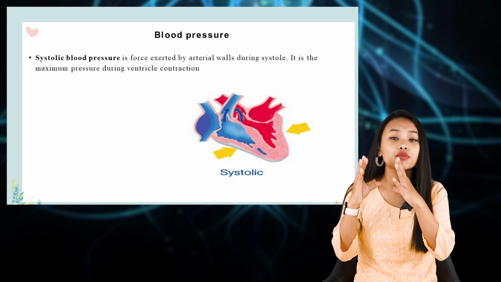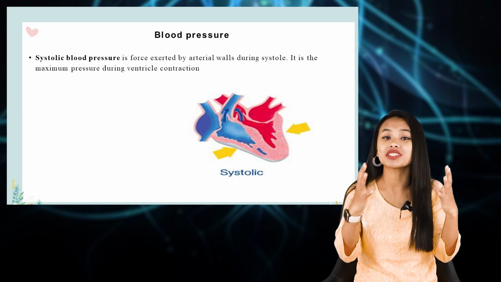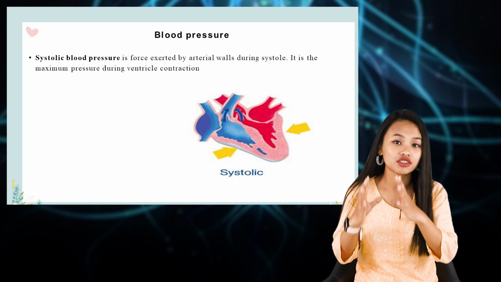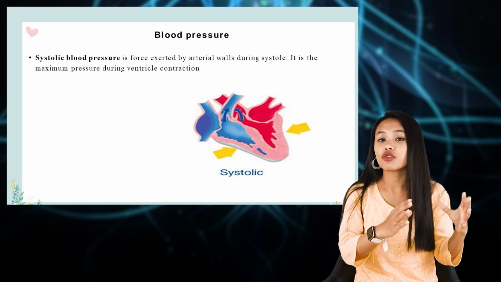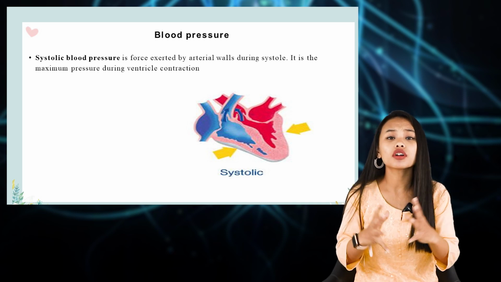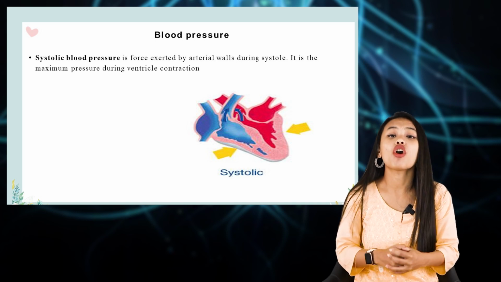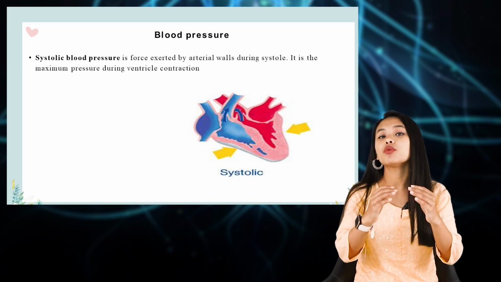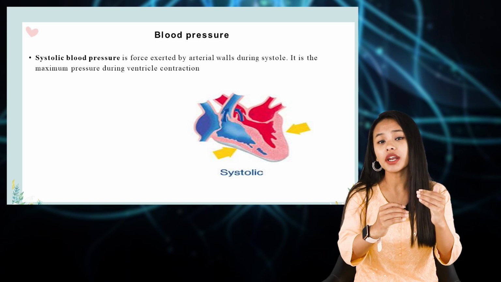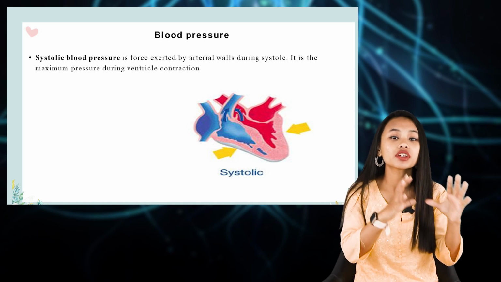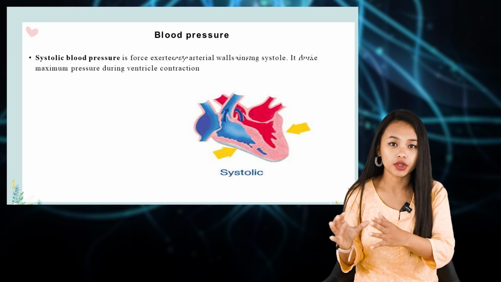By systolic blood pressure, we mean the force exerted by the arterial wall during the systole. It is also the maximum pressure which occurs during the contraction of the ventricles. So when there is contraction of the ventricles, there will be a maximum pressure, and this pressure is recorded as the systolic blood pressure of an individual.